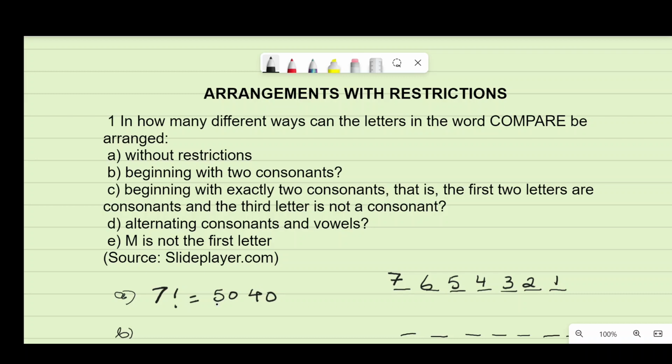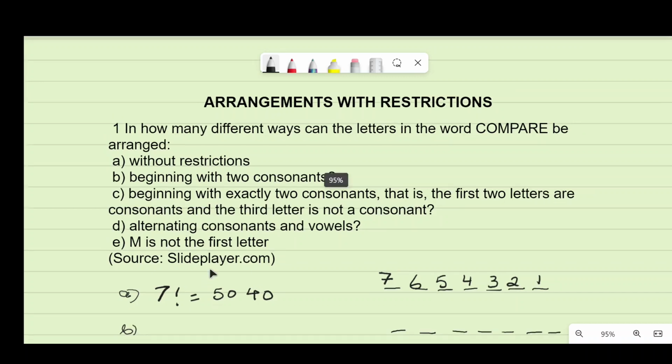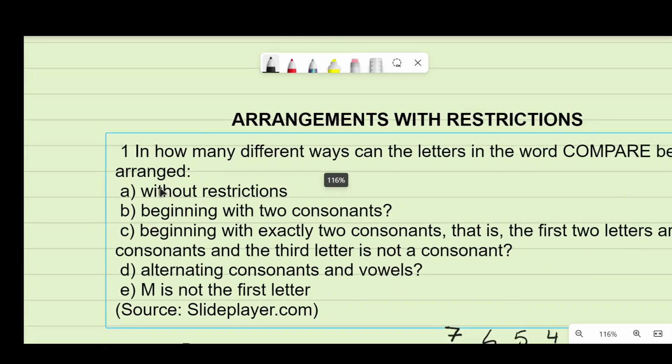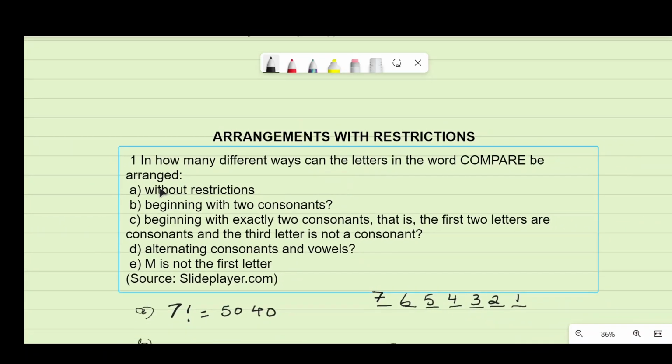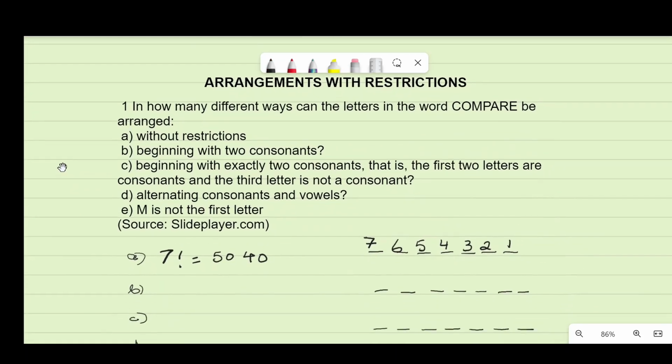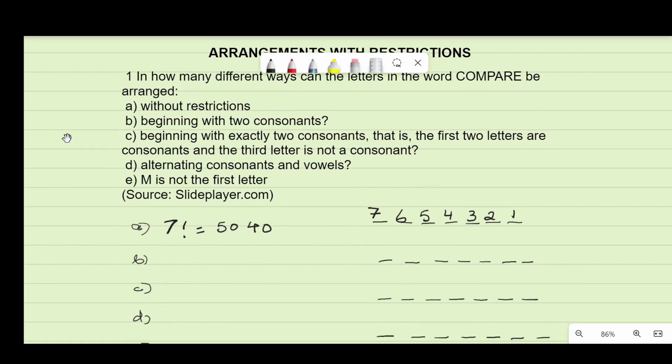Okay. Now we are going to see the second question. In B, in how many different ways can the letters of the word compare be arranged beginning with 2 consonants? Here you must also know what are consonants and vowels.